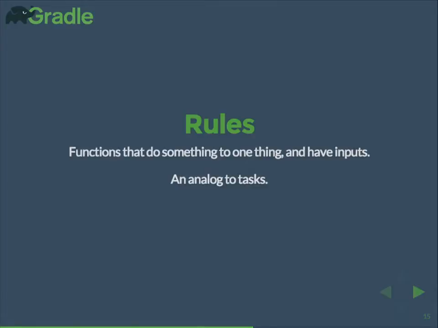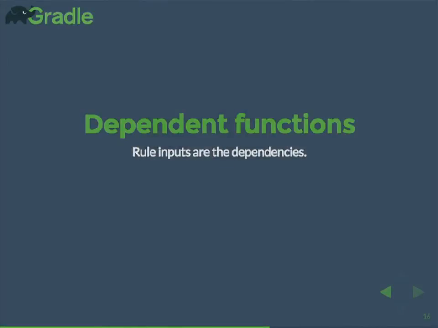It's a function that does something to one thing, or said another way, it has some outputs, and it has 0 or more inputs as well. So very much like a task conceptually, but in slightly different clothing.